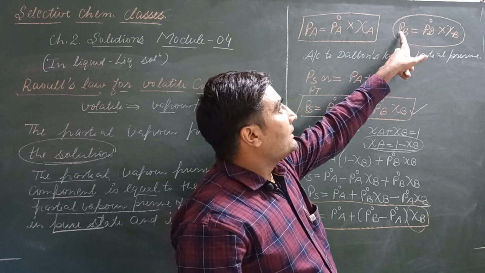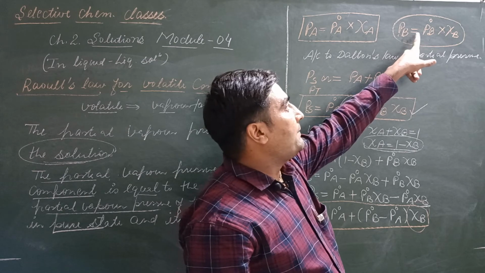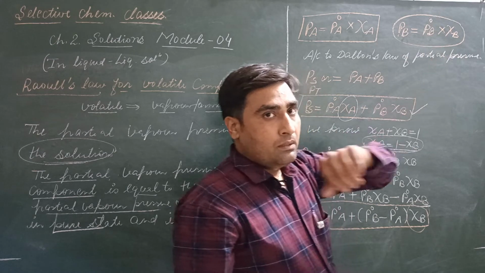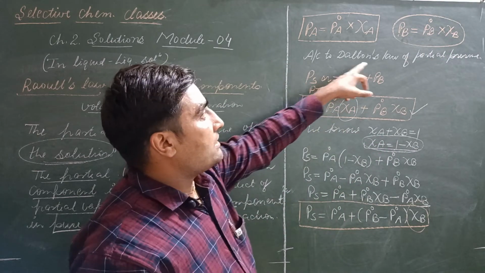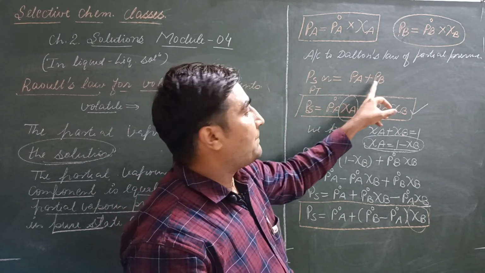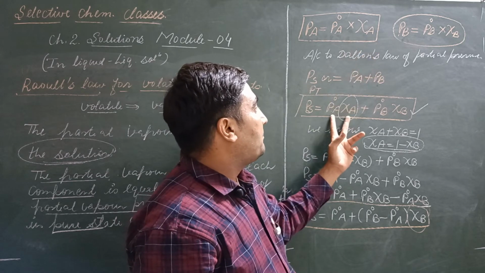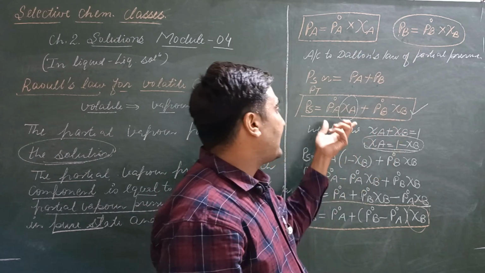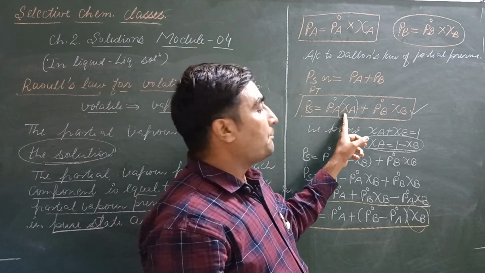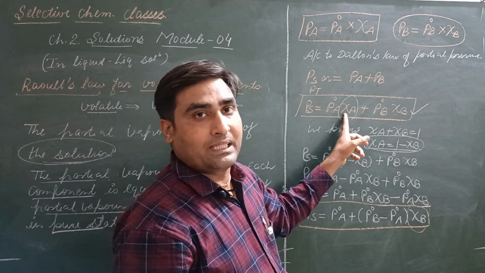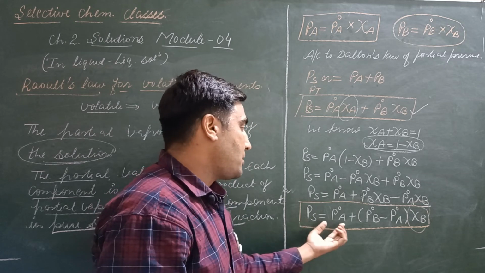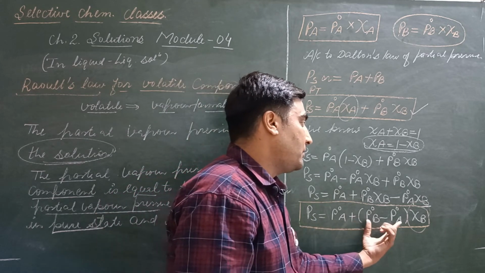In case of solute, the partial vapor pressure of the solute will be equal to its pure state vapor pressure times its mole fraction. According to Dalton's law of partial pressure, the total vapor pressure will be equal to the sum of PA plus PB. Then by summing up these values, we get a new formula for total vapor pressure. And if only a single composition term, the mole fraction, is to be found, we apply this formula: PS equals P naught A plus (P naught B minus P naught A) chi B.